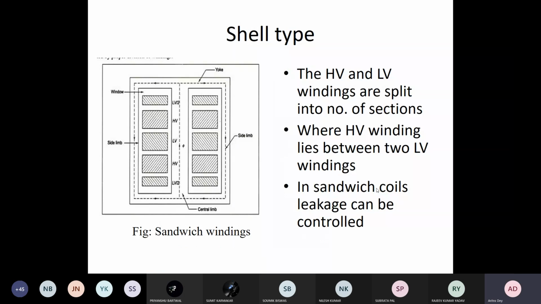So as I told, in the case of a shell type transformer, the HV and LV windings are split into a number of sections, as you can see here. So you have the LV winding like this, and then this is again connected with LV here, and then you complete this winding, and then again you come back here. So this is called an interleaved or sandwiched coil, and this is how you can take out your leads for your LV.